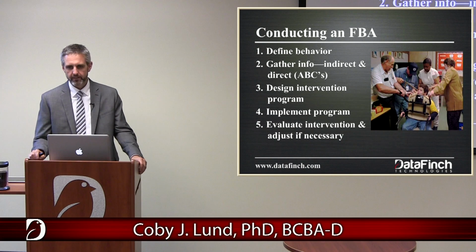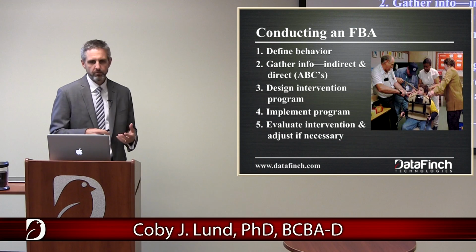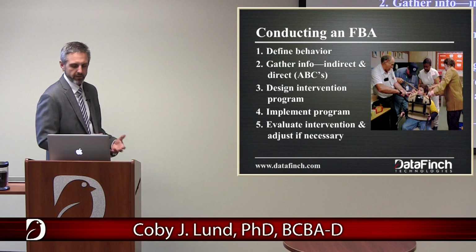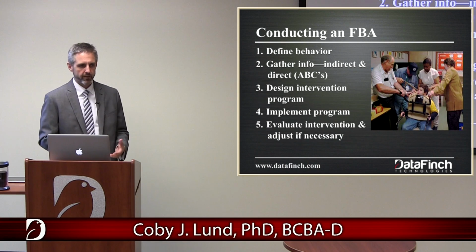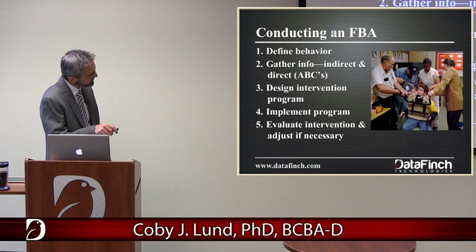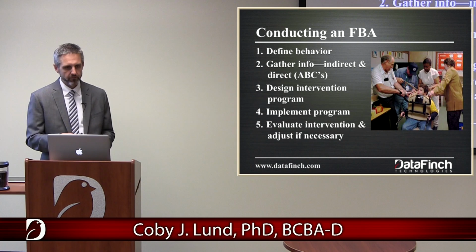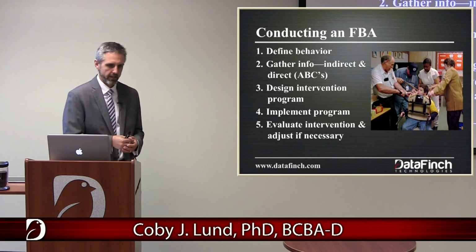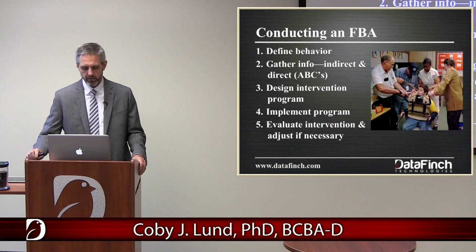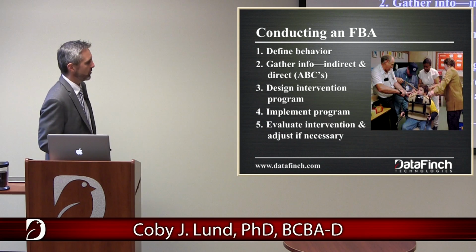And when necessary, that's going to be the best tool to identify functions. But in many cases, particularly for you teachers, the best place to start is with these indirect and direct measures, using questionnaires and interviews and direct observations, and in particular, ABC data collection, getting some very specific and longitudinal information about antecedents and consequences. You need to try and identify some patterns. And in a few minutes, I'll give you some examples of ways to collect that information.